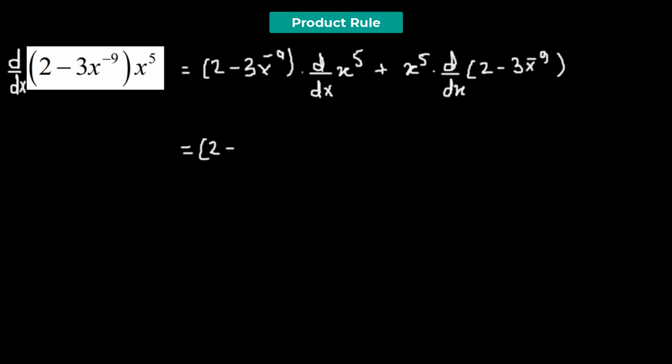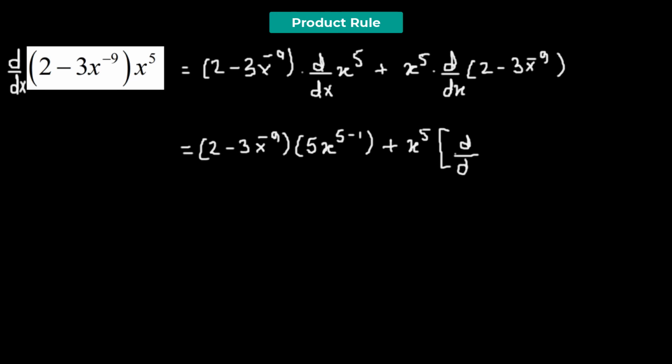So that gives us 2 minus 3 times x raised to the power of negative 9. The derivative of x raised to the power of 5 is 5 times x raised to the power of 5 minus 1, plus x raised to the power of 5 times, now we apply the derivative to each of the terms of this first function.